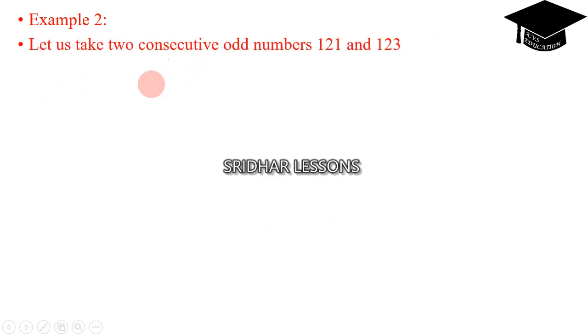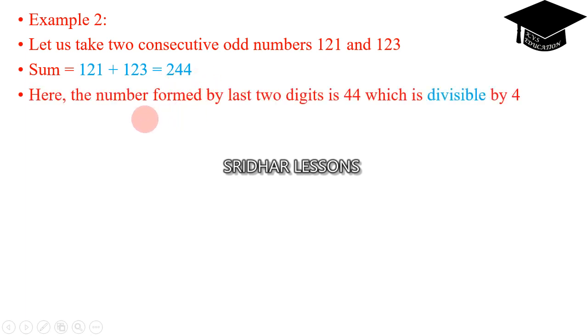Example 2. Let us take two consecutive odd numbers 121 and 123. If we add them, we get 244. Okay. The number formed by the last two digits is 44, which is divisible by 4 according to the divisibility rule of 4.